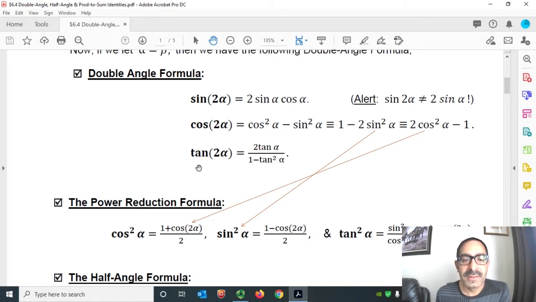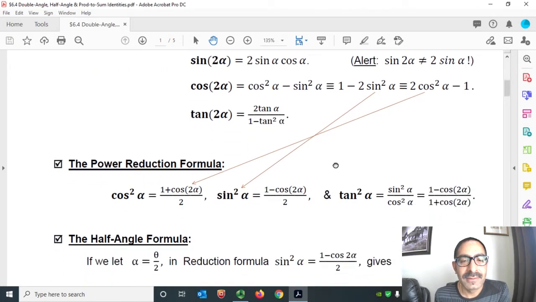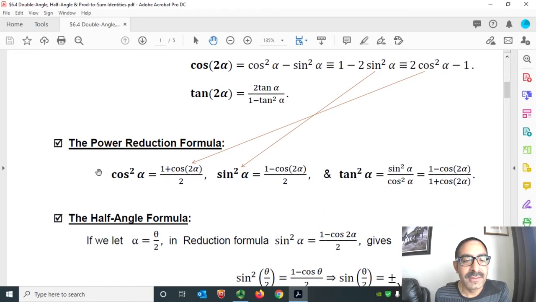Similarly, tangent of 2 alpha turns out to be 2 tan alpha over 1 minus tan square alpha. Great. Next, the power reduction formula. So cosine square alpha, from this identity here, bring 1 to the left side.